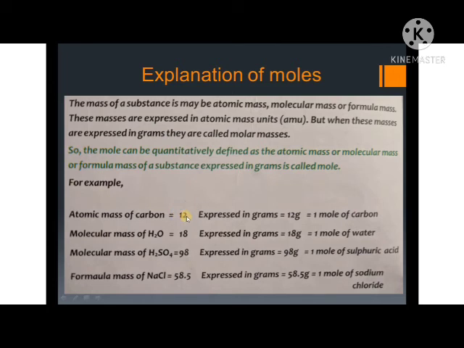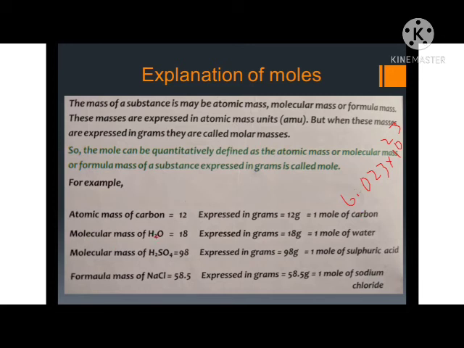If we replace AMU by gram, it is equal to 12 gram, and 12 gram of carbon is equal to 1 mole. 1 mole here means the number of carbon atoms is 6.023 into 10 raised to power 23 atoms.